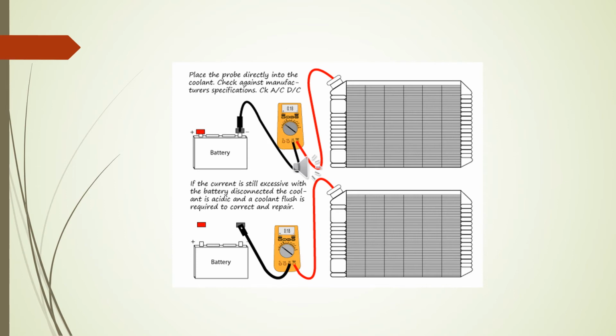You connect the black probe to the negative terminal of the battery, and the red probe is put inside the coolant as shown on the diagram, and check the reading. Disconnect the black probe from the battery and connect it elsewhere. If the reading is too high, then it shows that the coolant is acidic, and then you have to flush out the coolant.